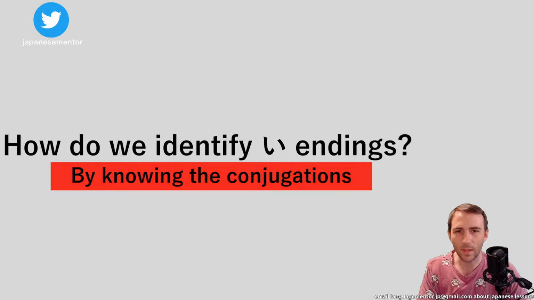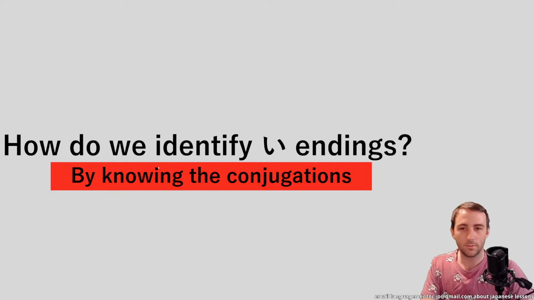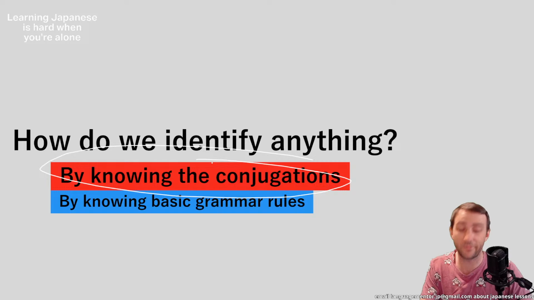So how do we identify E endings? By knowing the conjugations. How do we identify anything? By knowing the conjugations and by knowing basic grammar rules. Conjugations doesn't get us the whole way, unfortunately, but knowing the conjugations first, that's our first goal.